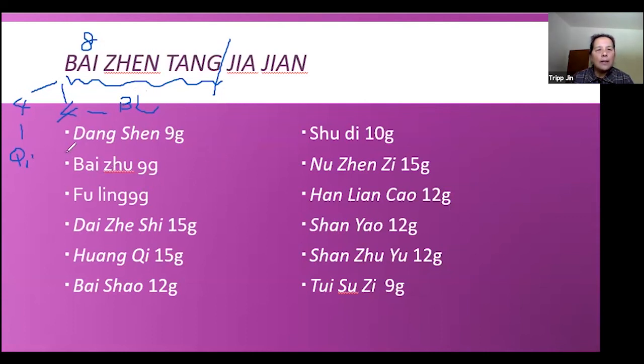So let's see here. 党参、白术、茯苓、甘草 together. Another one is 甘草. That's 四君子汤.